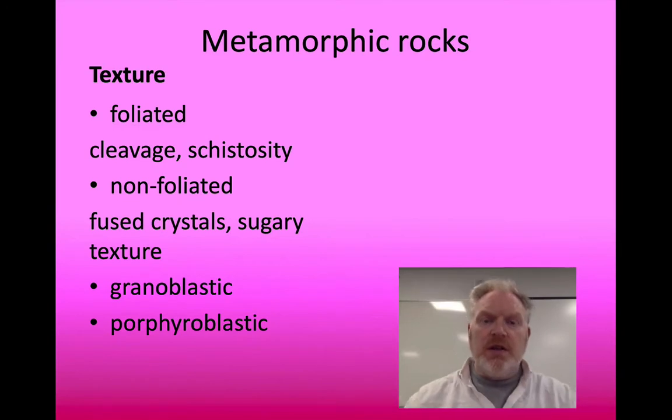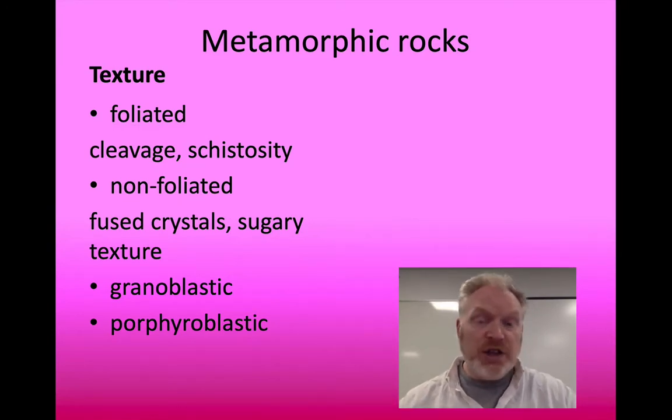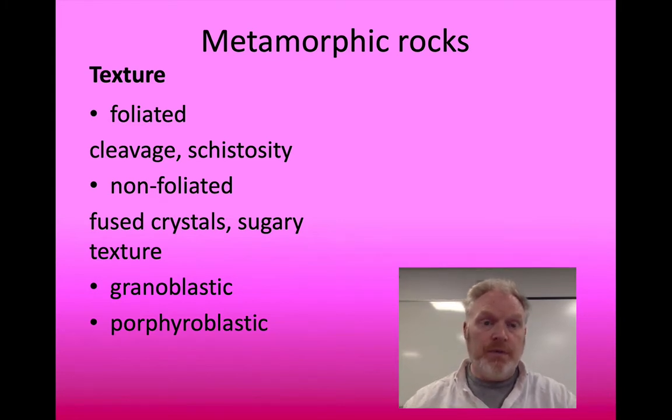If we look at metamorphic rocks, there are 4 of them on page 4 of your theme 14 booklet. As with other types of rock, we start by looking at the texture. And the most important feature of the texture of a metamorphic rock is whether it's foliated or non-foliated.